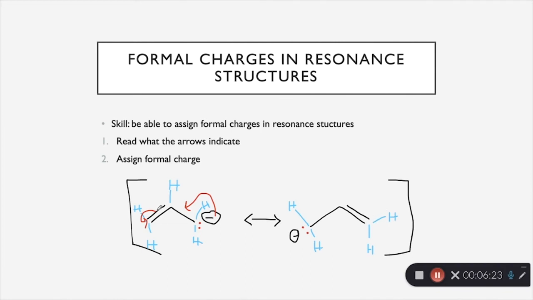But then we moved electrons over to this carbon atom, and it now has an extra valence electron, which gives it a negative charge. So that's just something to pay attention to when you're pushing electrons, is to always make sure that you're moving the formal charges correctly with it.